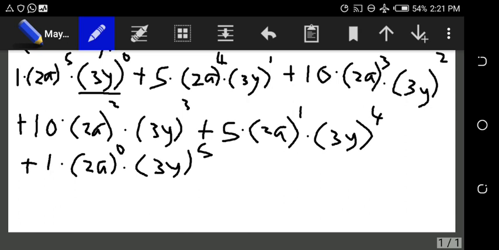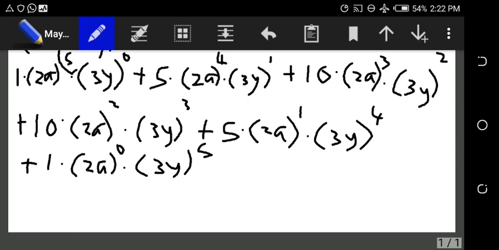Remember that anything raised to power 0 is 1. So what we have here is like saying 1 times (2a) raised to power 5 times 1, because this equals 1.